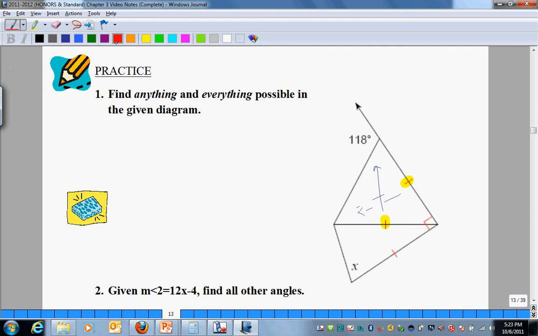So I know that these two angles must be congruent because of those hatch marks. So I mark them congruent. I follow the hatch marks over on the other side, and I see that those two base angles are going to be congruent as well.